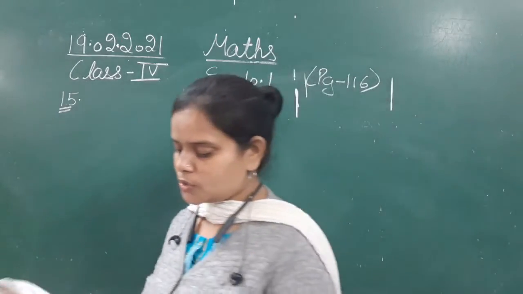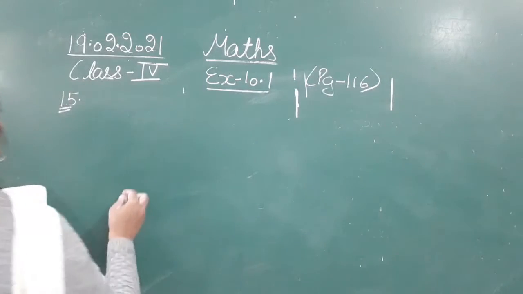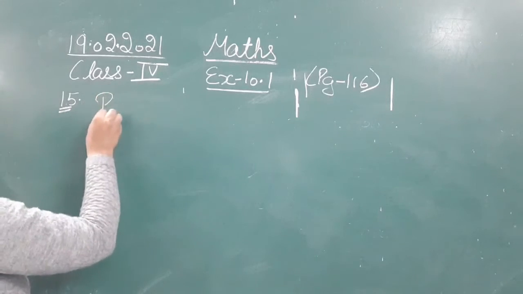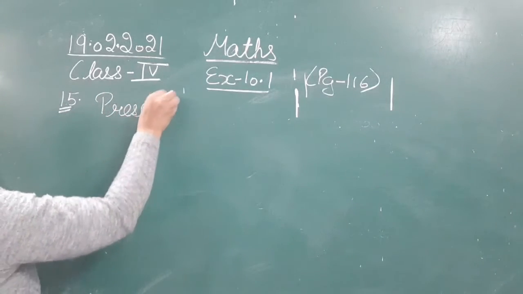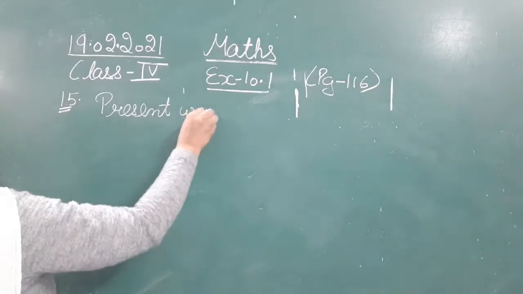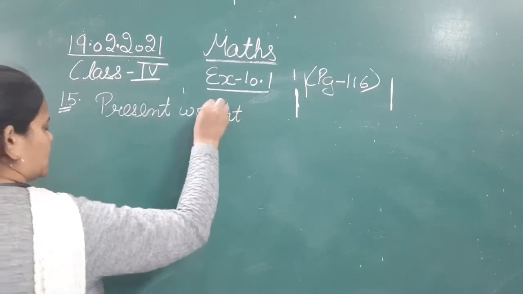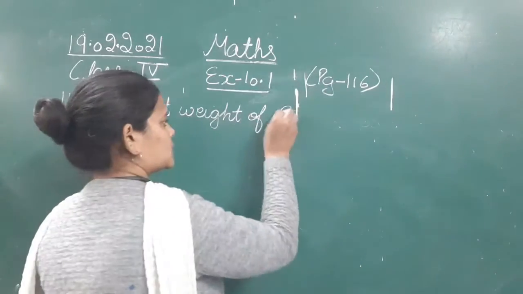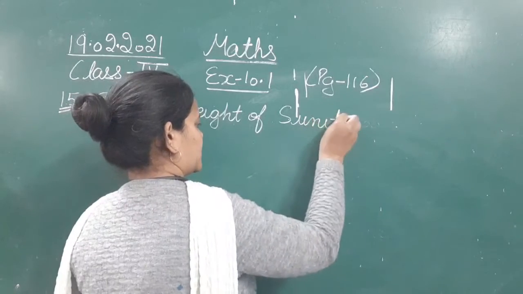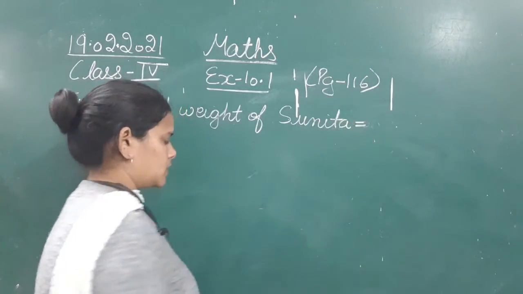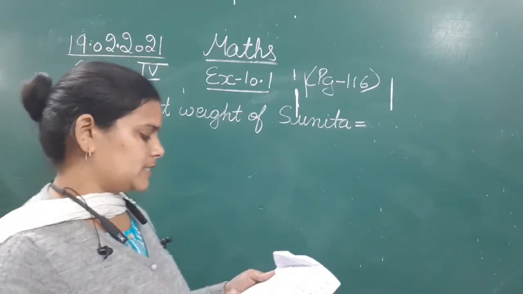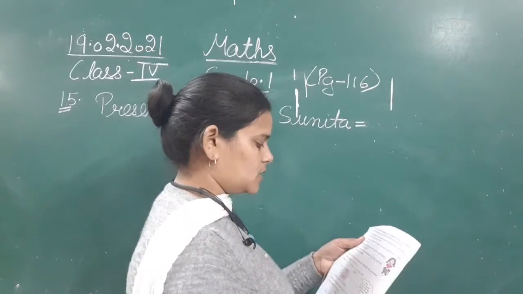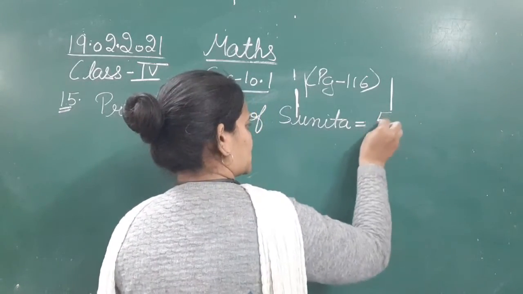चलिए let's do question number 15. देखिए, present weight of Sunita is 50 kg 200 grams.